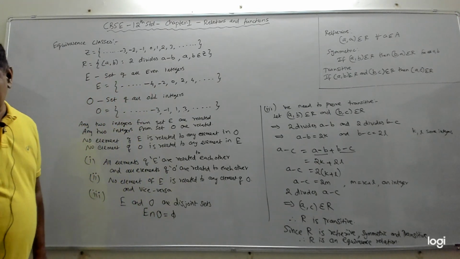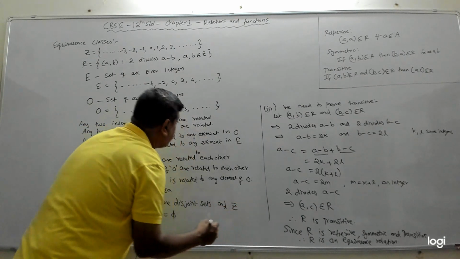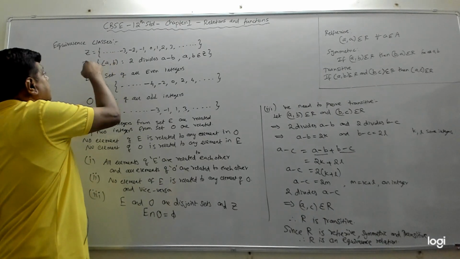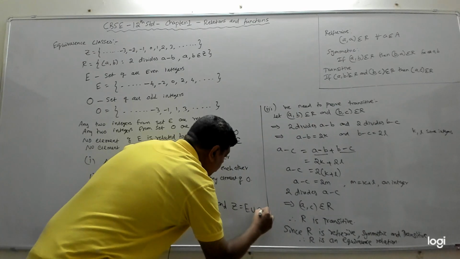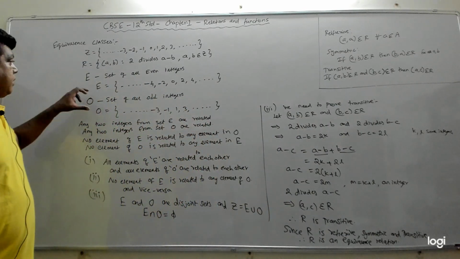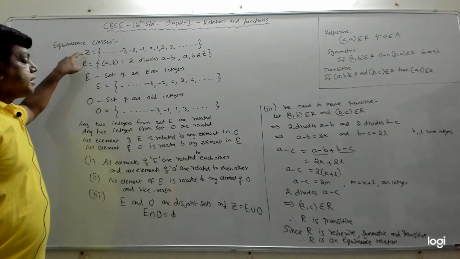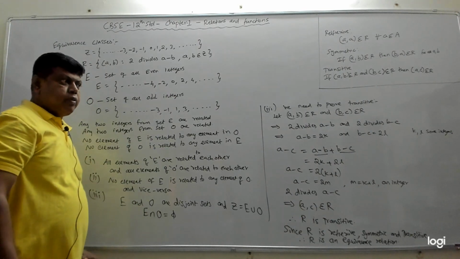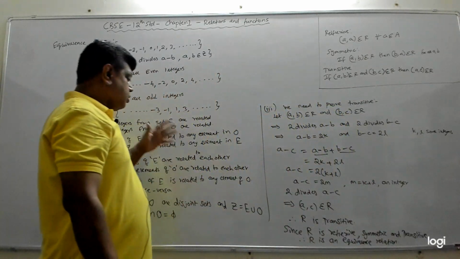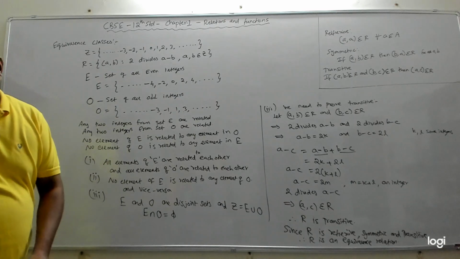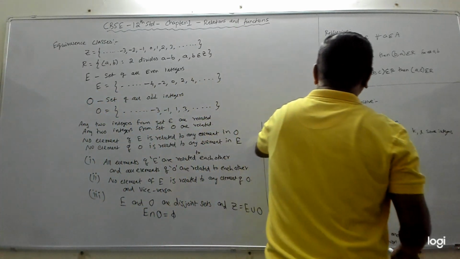And we will also see that the set of all integers, the main set on which the relation is defined, will be equal to E union O. If I take the union of E set and O set, I'll get the complete Z set, which is the set of all integers. Now here this subset E is called an equivalence class.